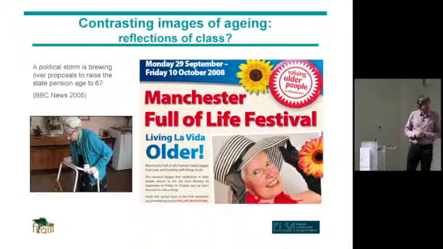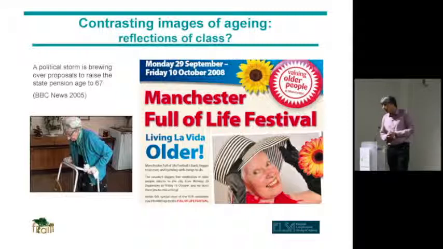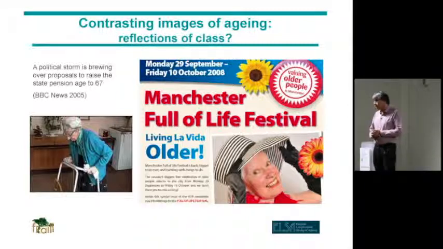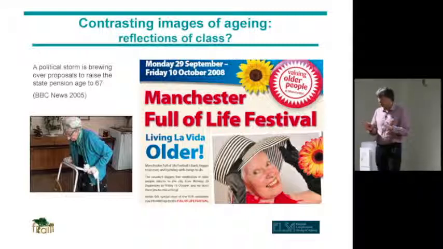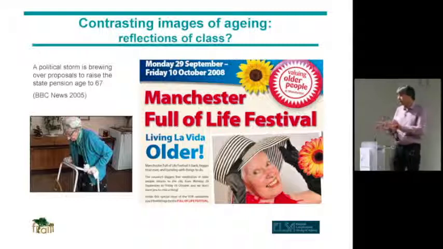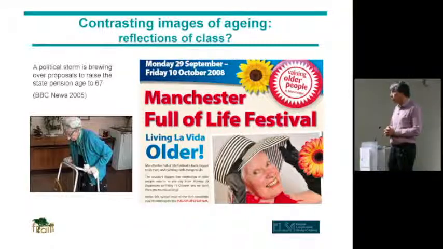And it's a core issue that's reflected in these two pictures. So I, as you've heard, work in Manchester, at the University of Manchester. The city of Manchester was one of the first WHO age-friendly cities, the first tranche of age-friendly cities, and has spent several decades thinking about the position of older people within the city, and done a lot of activities to try and promote the city as a place where people can grow old and enjoy themselves.